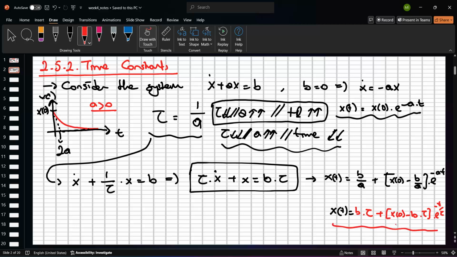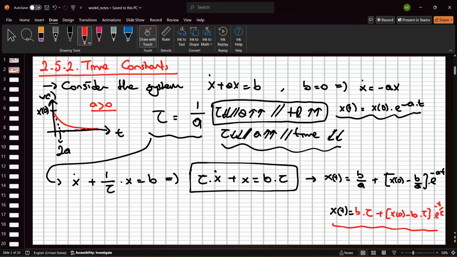These are the equation. And so if we increase the time constant, then our steady state value is what? Decrease or increase? If the tau decreases, and so the steady state value increase or decrease?